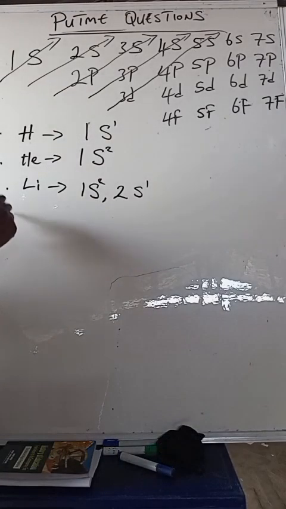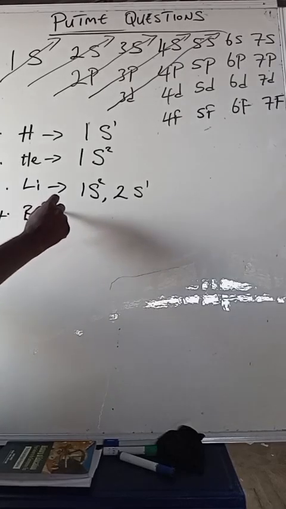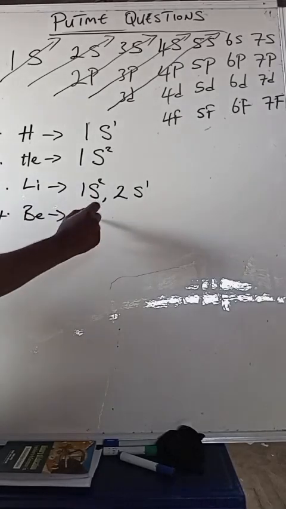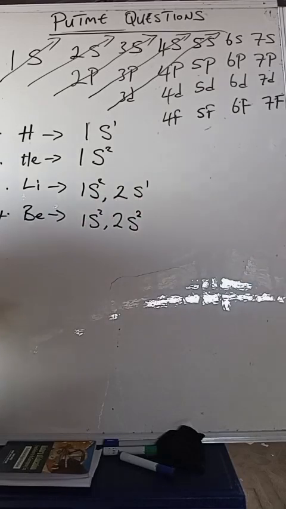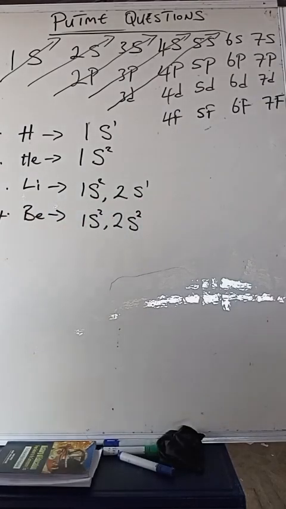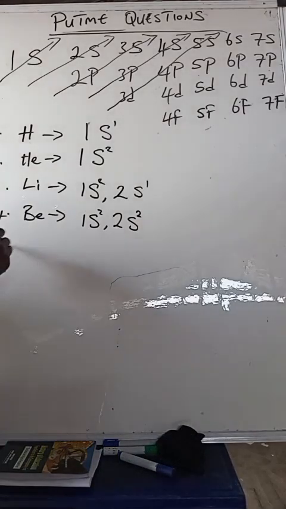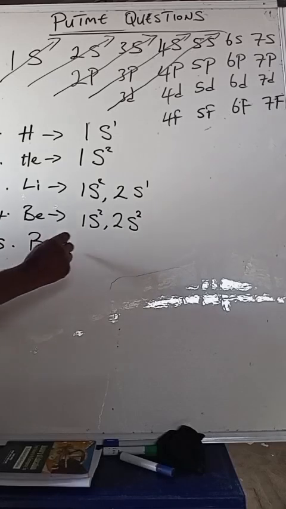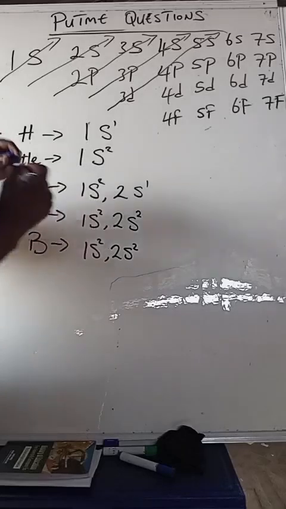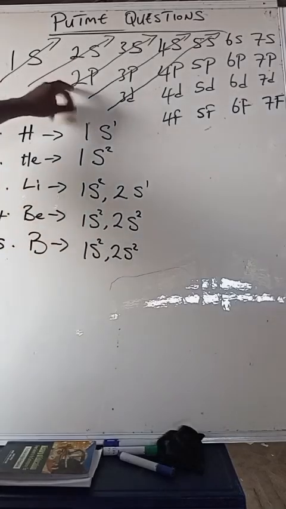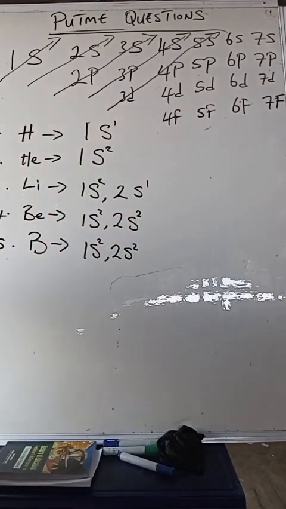The fourth one is beryllium, and the electronic configuration will be 1s2 2s2, so this second orbital is filled. The atomic number for beryllium is 4. The fifth one, boron, is 1s2 2s2. The next orbital to be filled is 2p, and the maximum number of electrons that p can collect is 6.